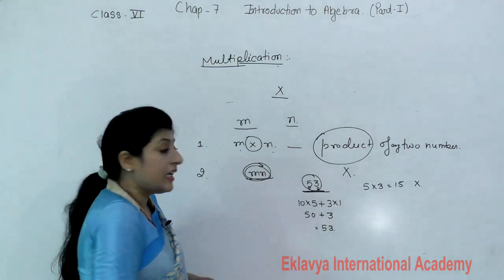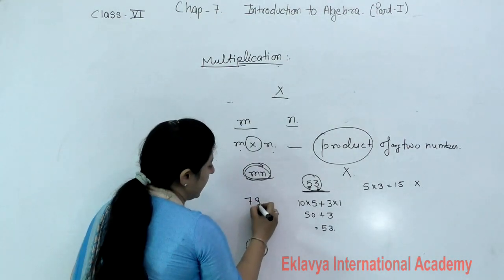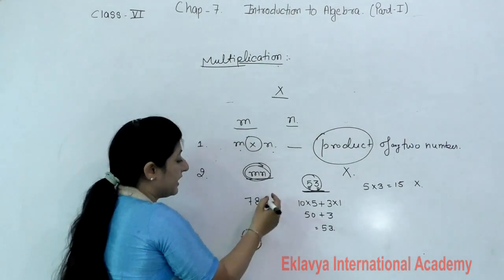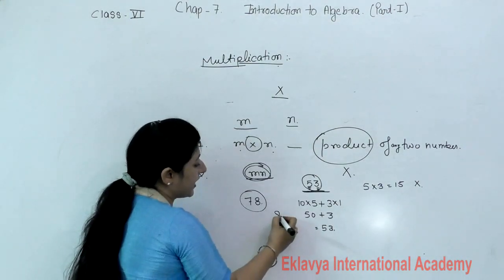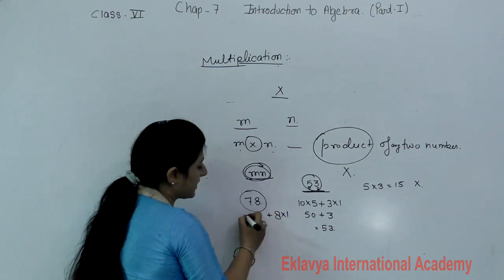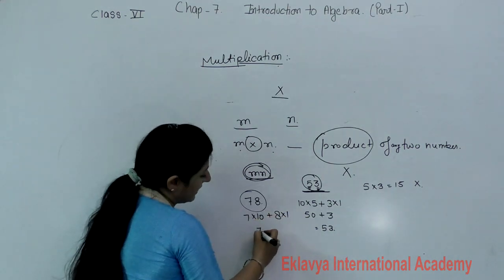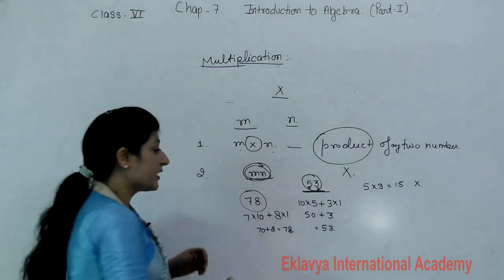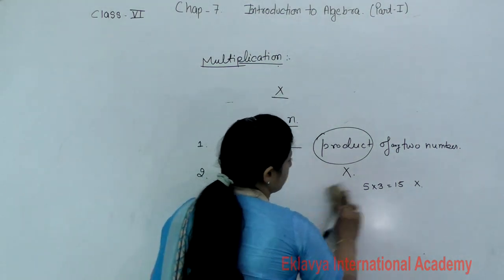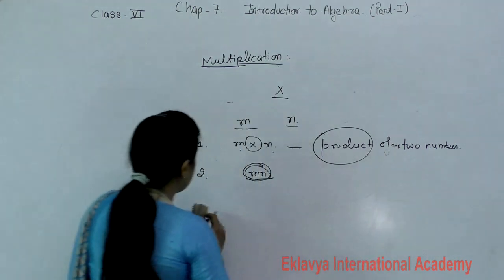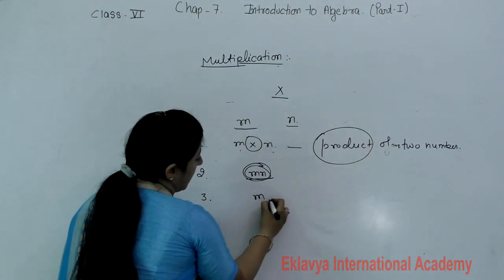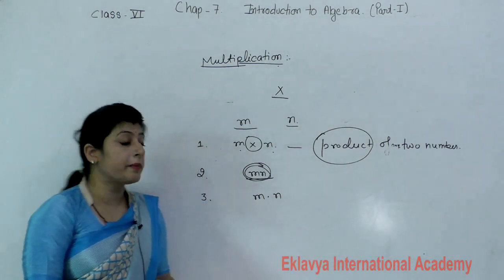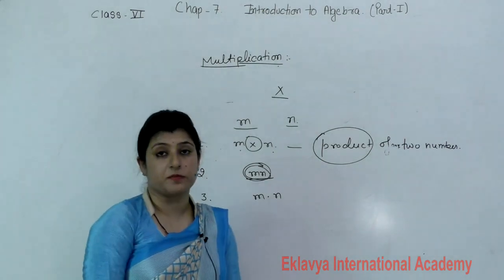Remember it. If I write down suppose 78, it doesn't mean that we have to do multiply it. 78 means we can write down 8 into 1 plus 7 into 10. Then it becomes 78. See the third. Sometimes m dot n, dot also represents here the multiplication.